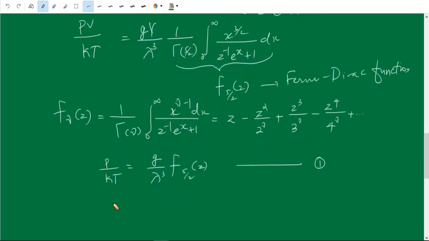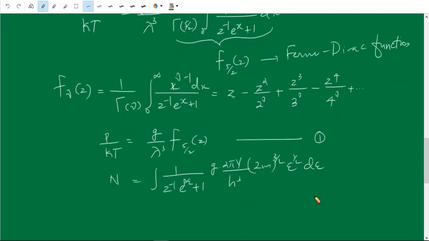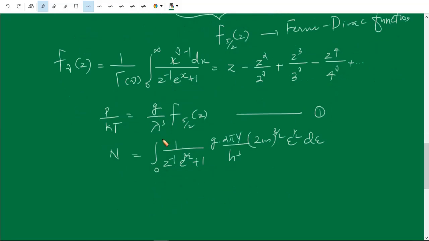Now we also have the average number of particles, which is equal to, we can integrate this also. So 1 divided by z raised to minus 1 e raised to beta e plus 1, a of e. So g 2 pi V divided by h cube, 2m raised to 3 divided by 2, e raised to half de, from 0 to infinity.